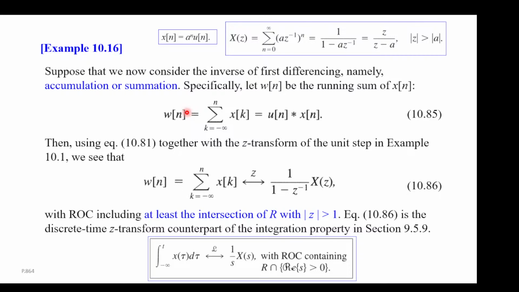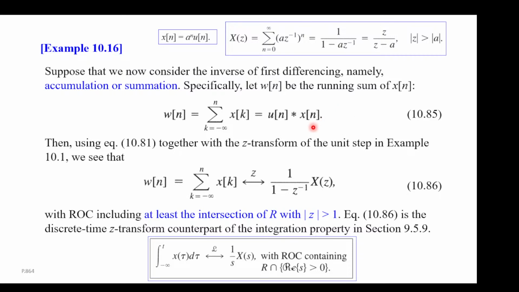We assume we have output w of n being the summation of x of n from time minus infinity to the current time n. So this is accumulating your input signal from minus infinity to the current time. And as we have seen in chapter 1, this is equal to convolving your x of n with the unit step function u of n.